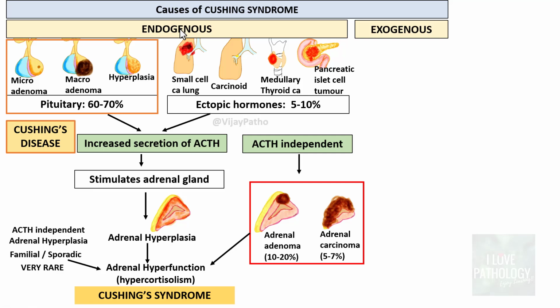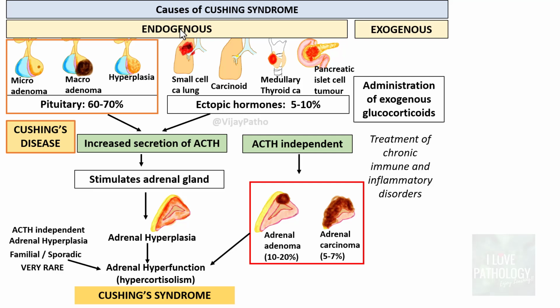Now, moving on to exogenous causes, which means there is administration of exogenous glucocorticoids. And why do you do that? That's basically in the process of treatment of chronic inflammatory disorders or chronic immunological disorders. Okay, you keep on giving glucocorticoids for a long period of time, and that can lead to an increase in glucocorticoids, leading on to Cushing's syndrome.